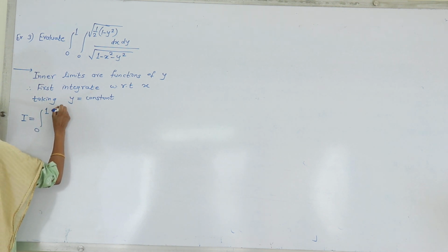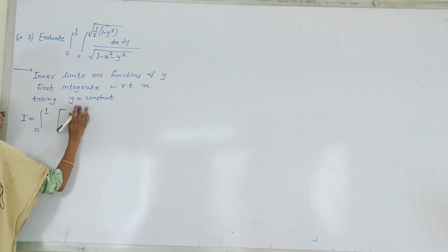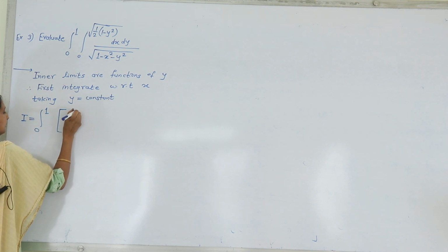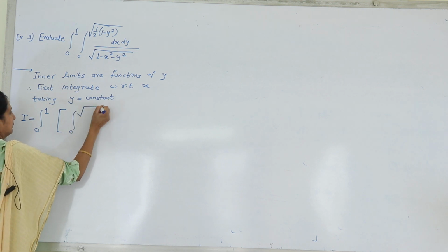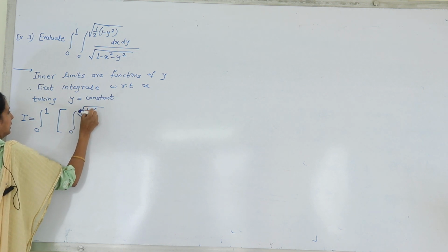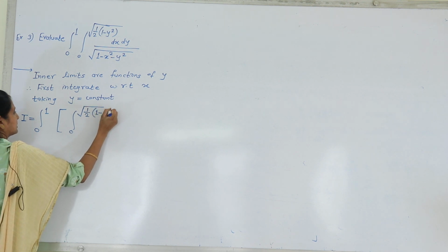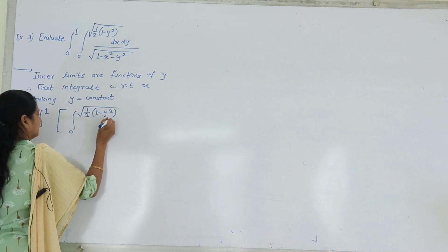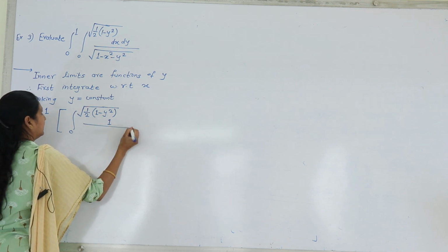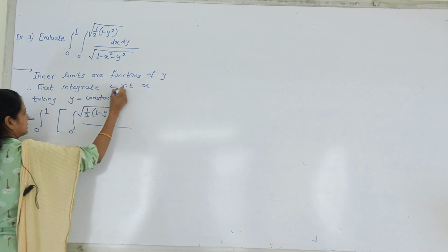First we have to integrate 0 to under root of 1/2 into 1 minus y square. First integrate with respect to x.